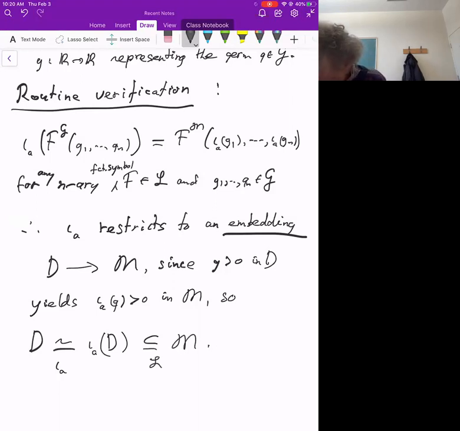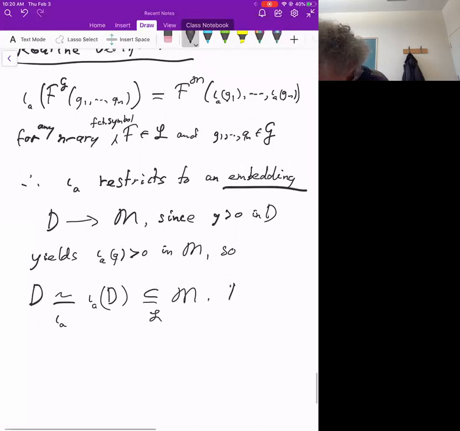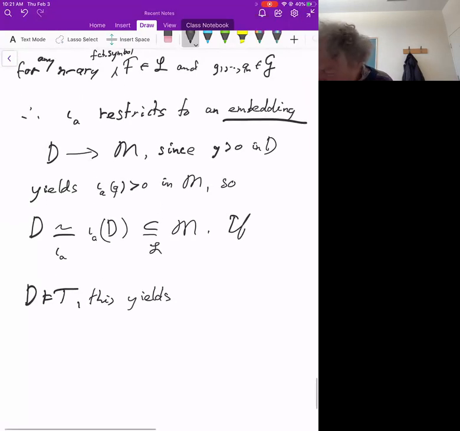Moreover, if D is a model of T, this yields the isomorphism D isomorphic to iota A D. It's now an elementary substructure of M, again with respect to the L language as an L structure.